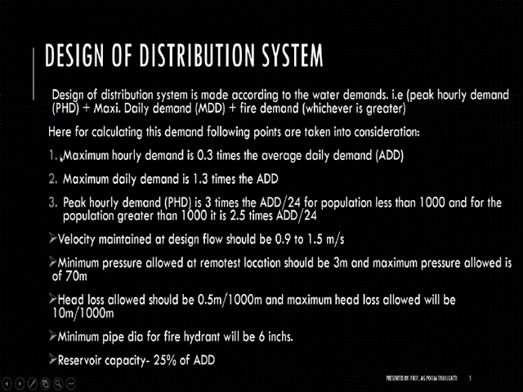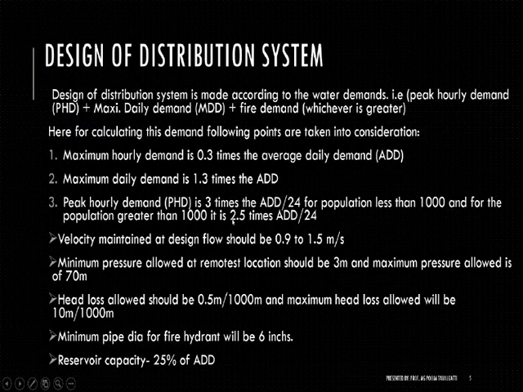Okay, so these 3 points are required for your calculation. I will read out the last point, which is quite important. Peak hourly demand, which is taken from that particular graph, is 3 times the average daily demand for a population less than 1000. Now this will not be there because there are very, very rare areas where you have a population less than 1000.